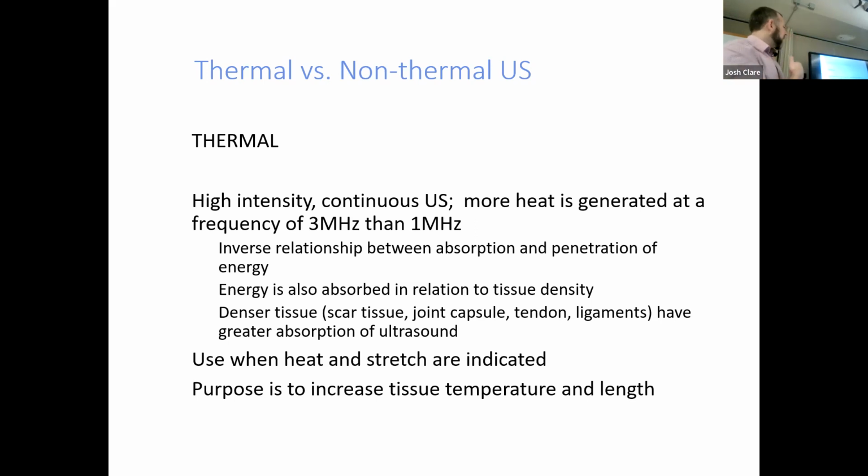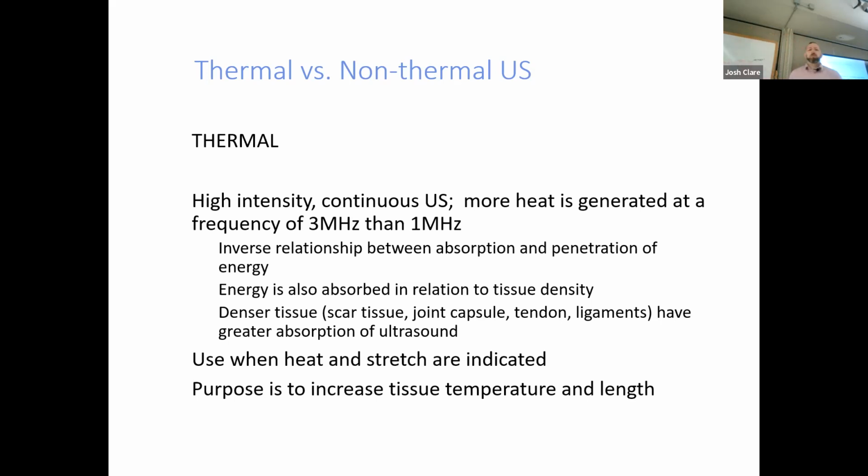Good to use anytime heat and stretch are indicated. Our purpose is to increase tissue temperature and length of the tissue. So what kind of conditions are you thinking of? First, acute or chronic? More of the chronic line, right? Because in acute injuries, do we want to create a heating effect?